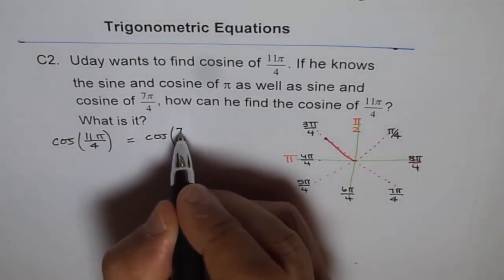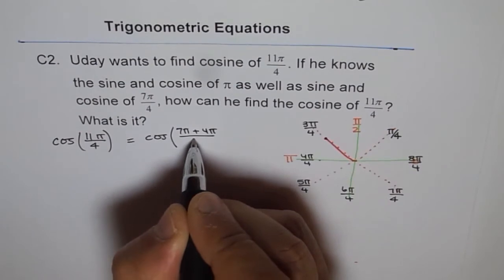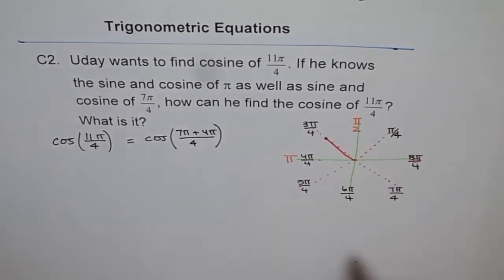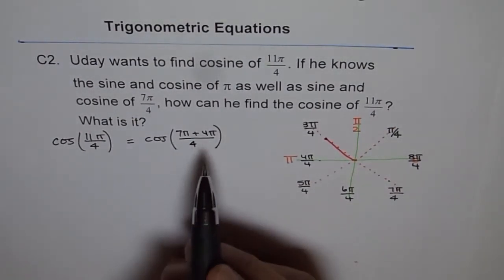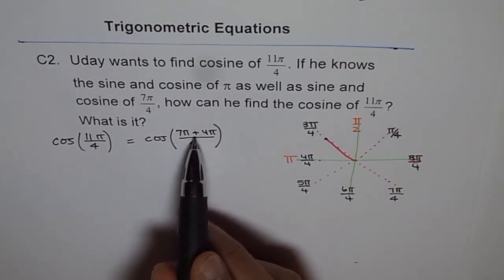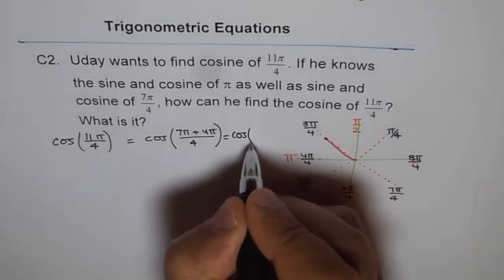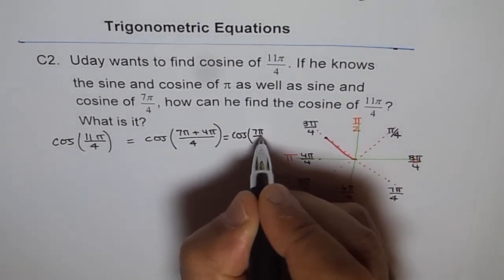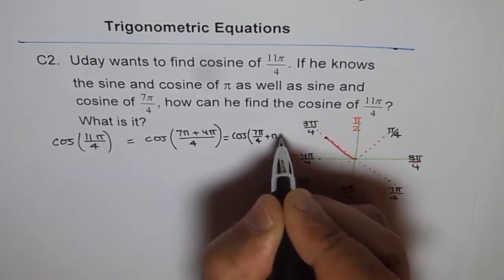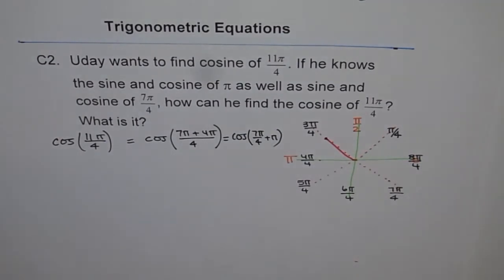So we can write this as 7 pi plus 4 pi by 4, which is the same as cos of 7 pi by 4 plus pi. I'm trying to break it down like this so that you can understand how radians work and how easy it is to work with them.